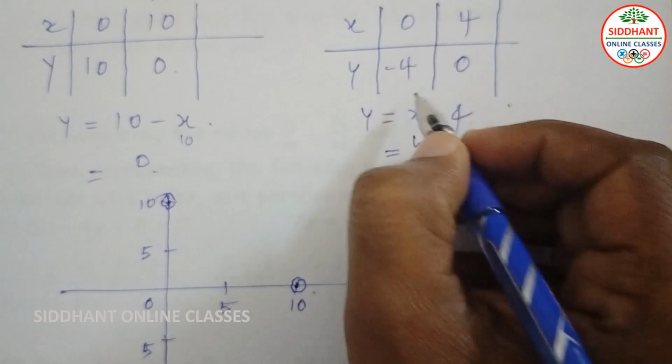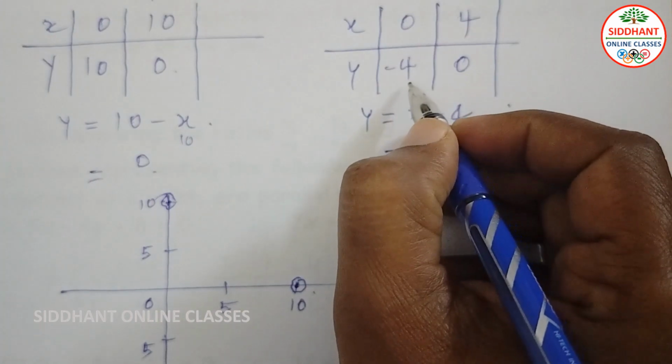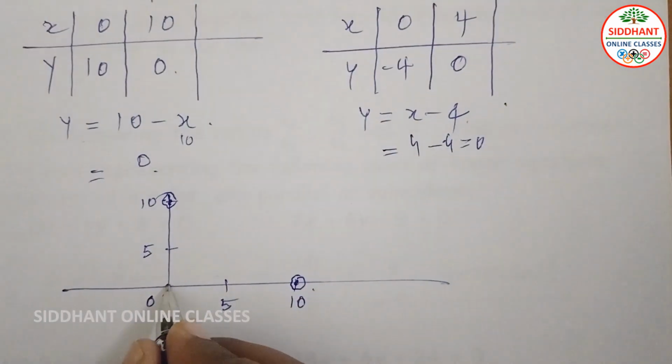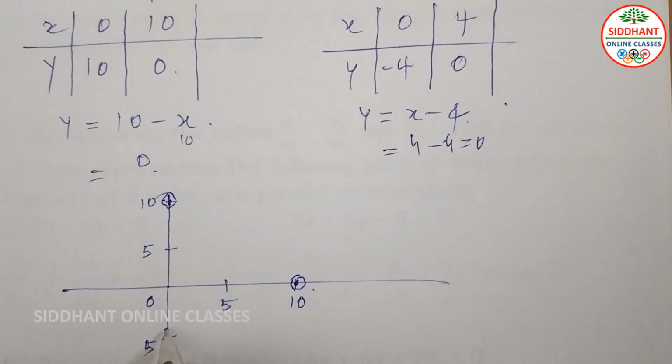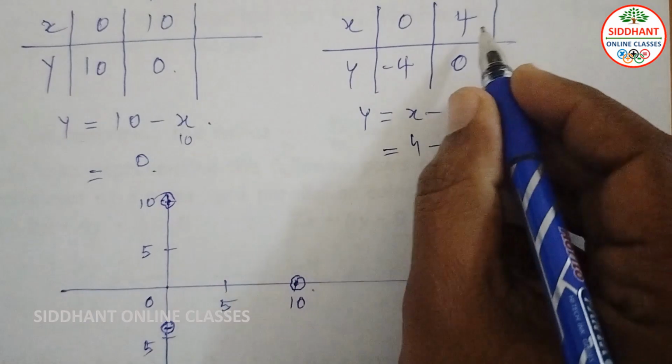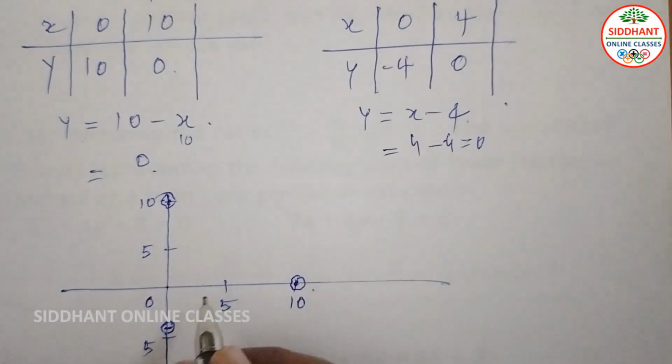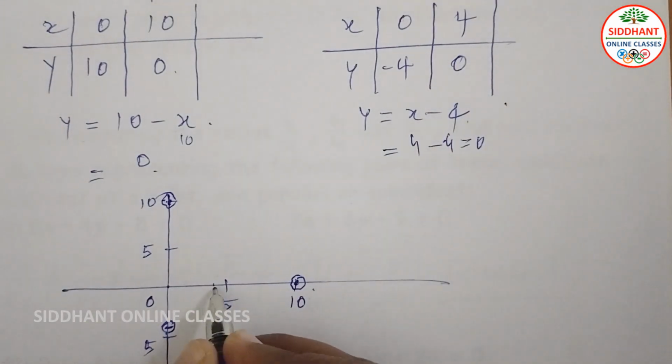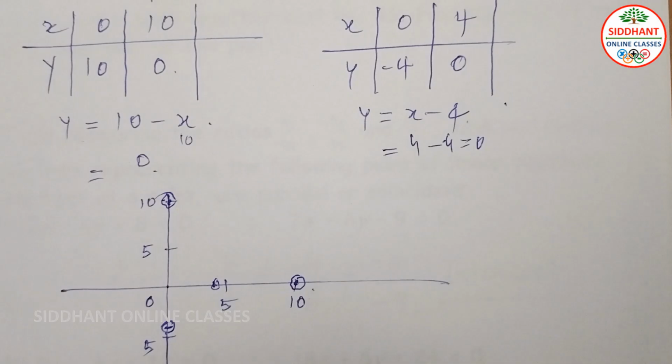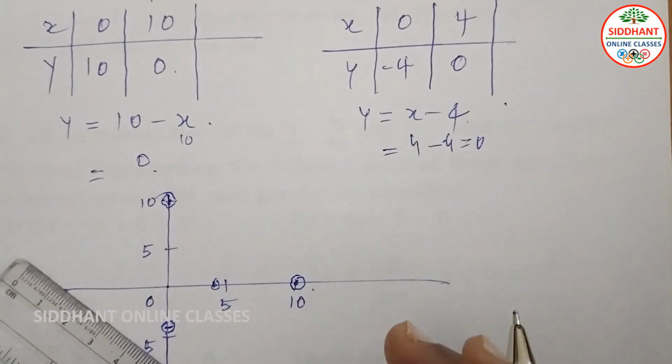Next, X is 0, then Y is minus 4, so here we see the point. Next, X is 4, Y is 0. This is the point. Now we join the points.